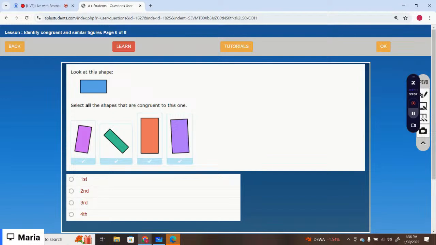Select all the shapes that are congruent to this one. I think the first one.